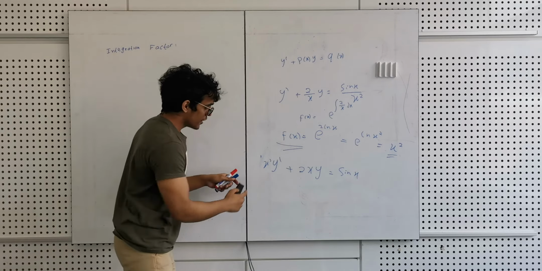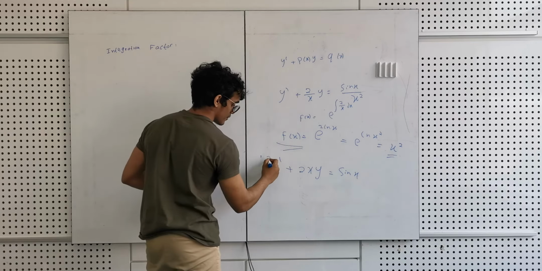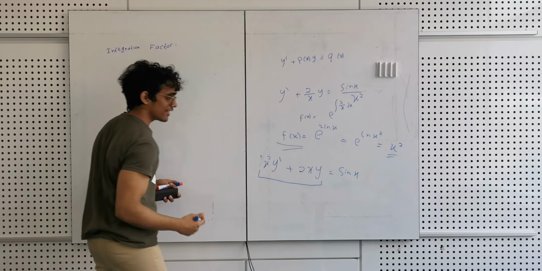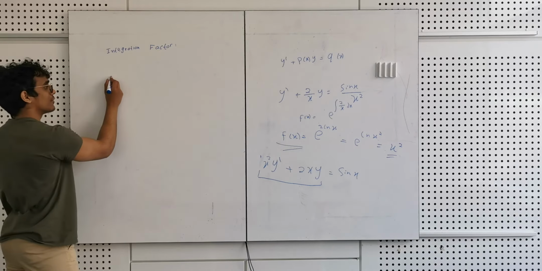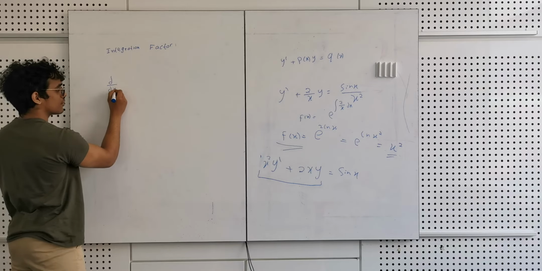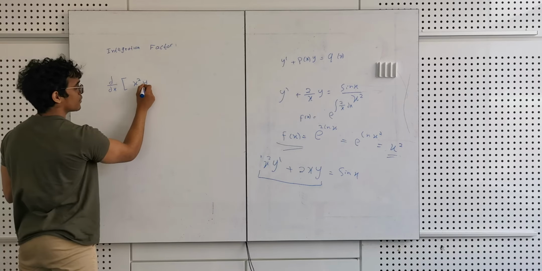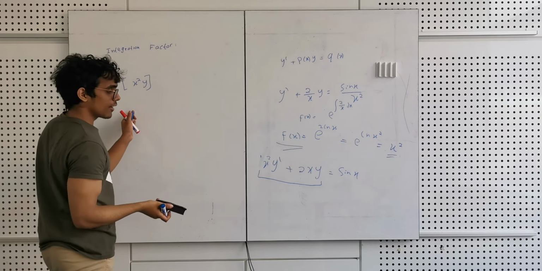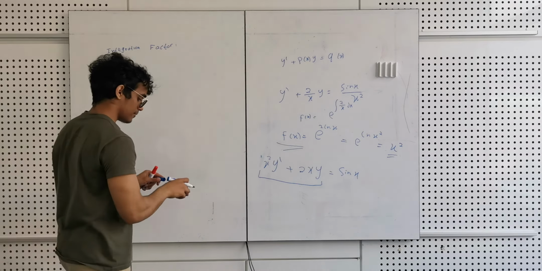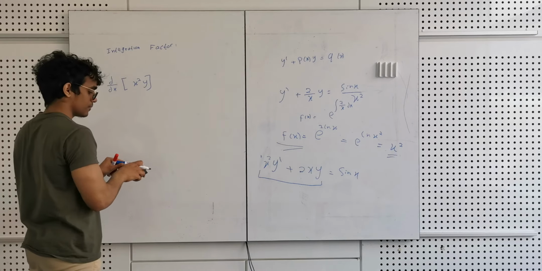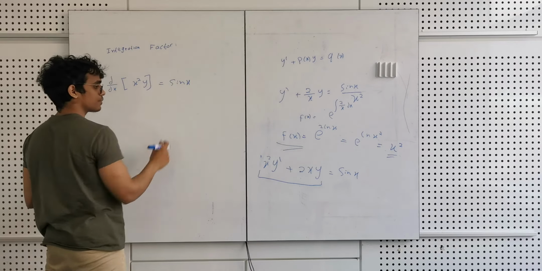We can see that the left hand side, this is a procedure that's going to happen every time when you use an integrating factor, is going to be equal to the derivative of x squared times y. If you don't believe me, just differentiate it and you get the left hand side of this equation. The right hand side is left as sine of x.